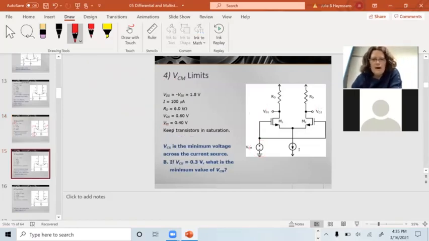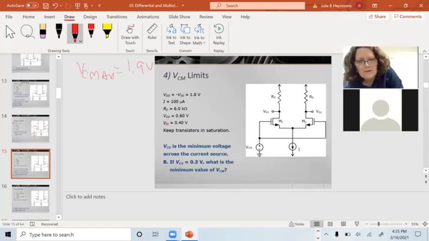We want to find the other side of this. So we've got the maximum V common mode max is 1.9 volts. VCS is what's going to dominate the other end of this. VCS is the minimum voltage across the current source. So this is going to be 0.3 of a volt.